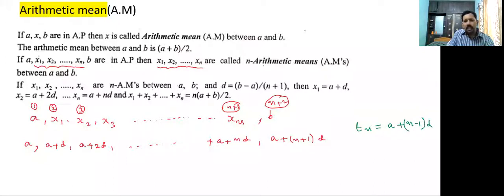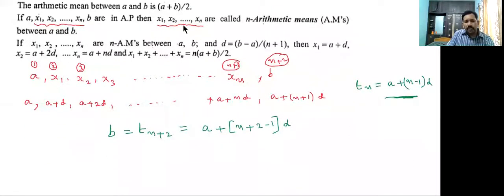But here, what is b? b is equal to T(n plus 2), the (n plus 2)th term. Just in place of n, substitute n plus 2. What happens? a plus (n plus 2 minus 1) into d. Do the calculation.